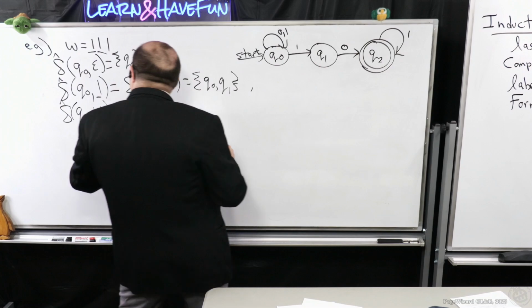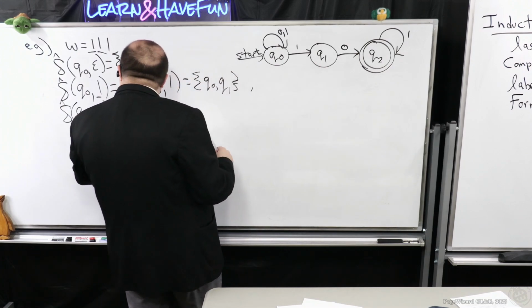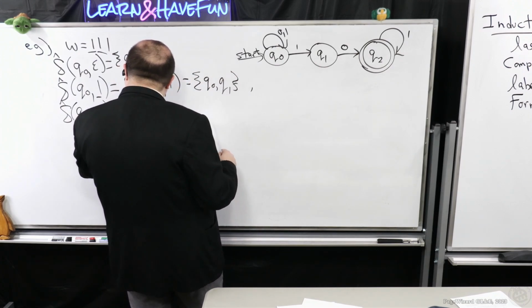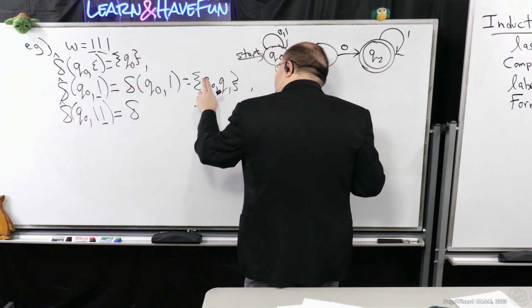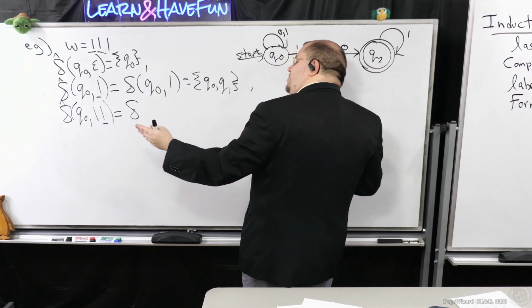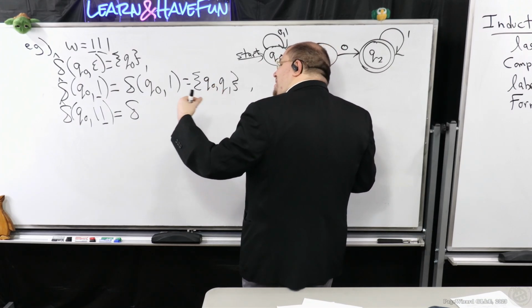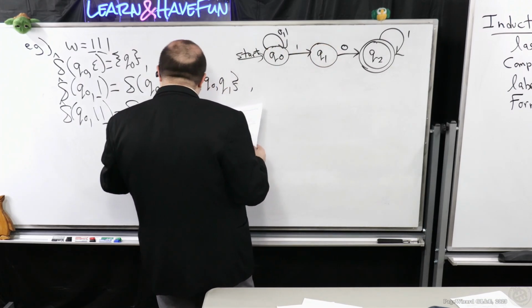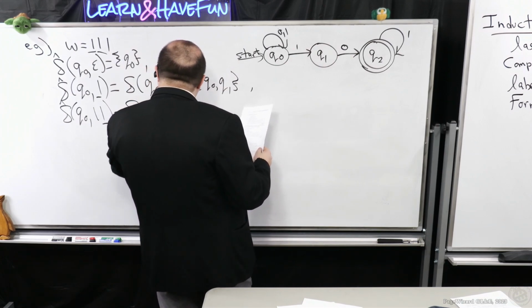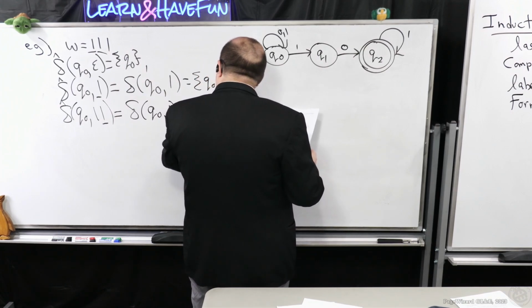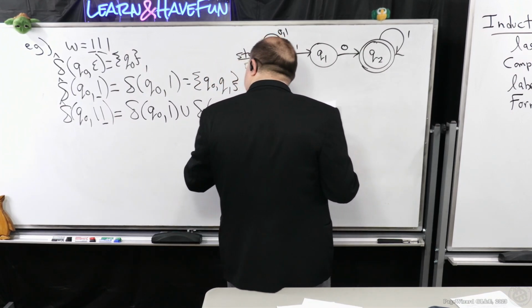So remember, I'm going to read now the 1 at the end of this string, because everything else has been computed. I have Q0, Q1, so I'm going to apply the transition function on each of these, take the result, and union each, okay? So I'm going to take the result of each and put them all together in one bucket. So I have delta Q0, 1, union delta Q1, 1.